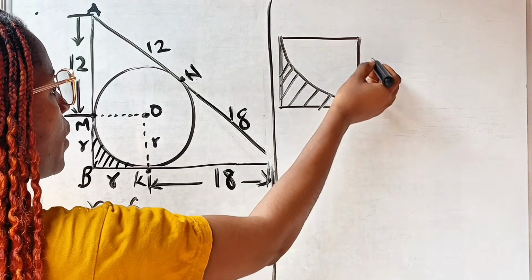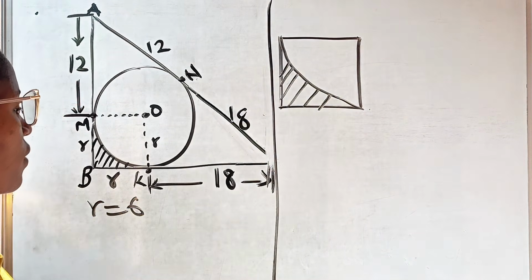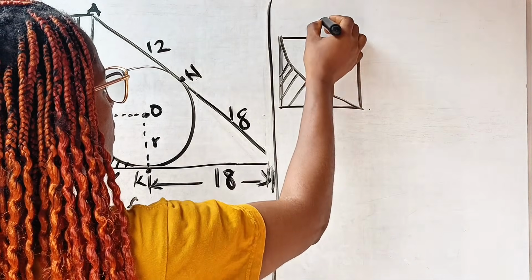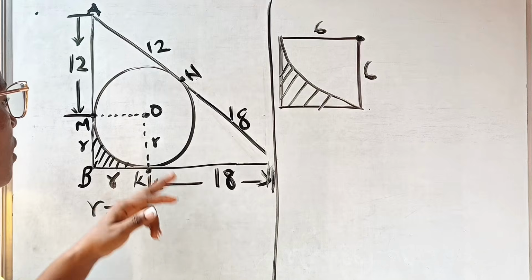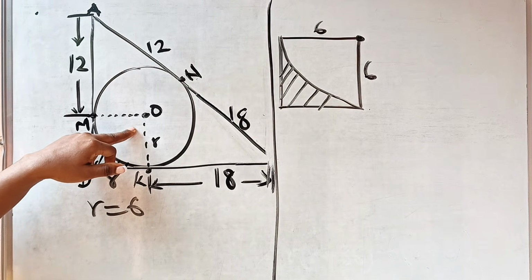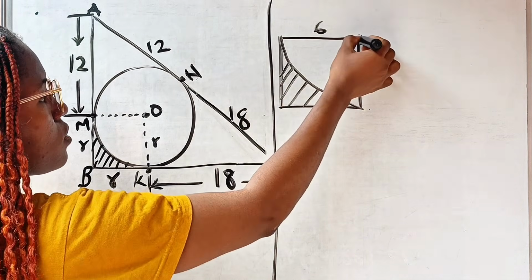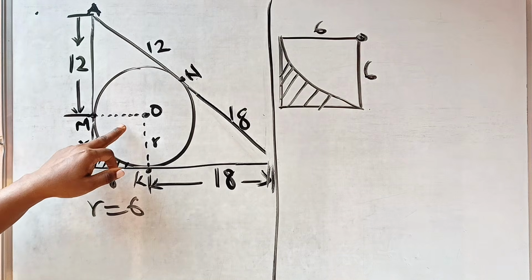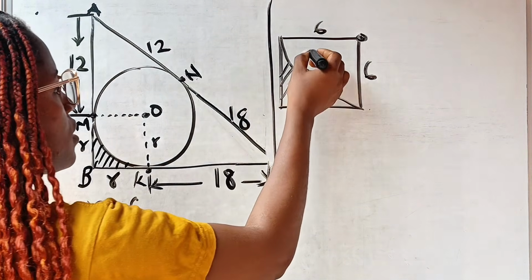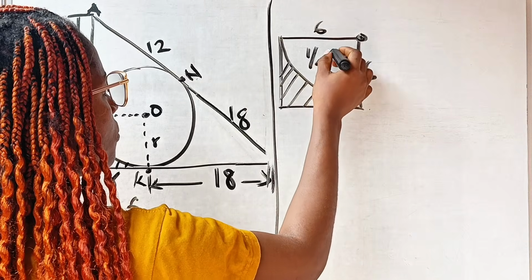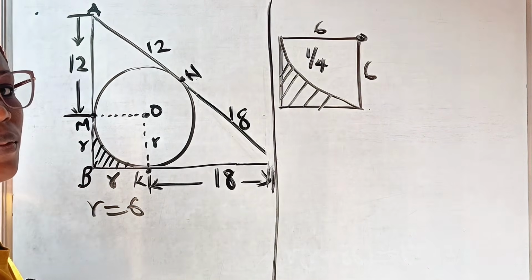Okay, and we have the radius as the side of our square, so we have 6 and we have 6. Now you can see that this is the center of this circle. This is our O, and you can see that this part is a quarter of the circle, 1/4 of the circle.